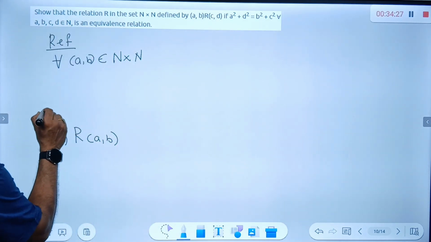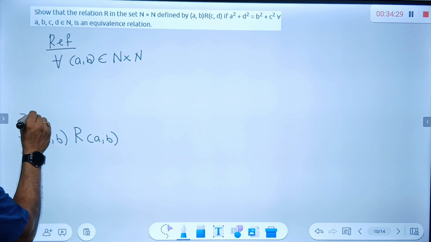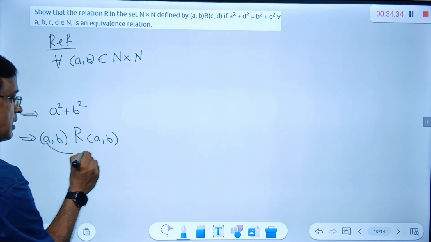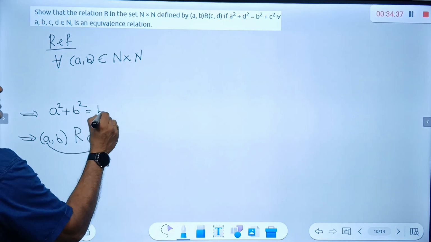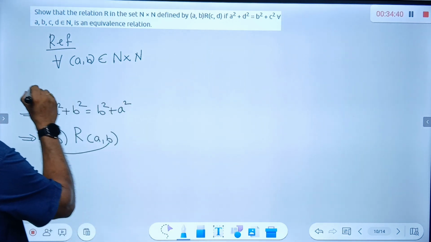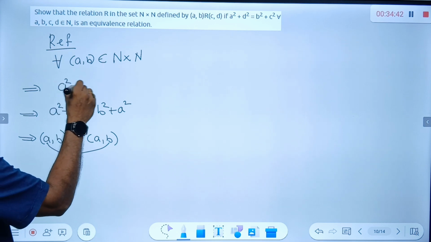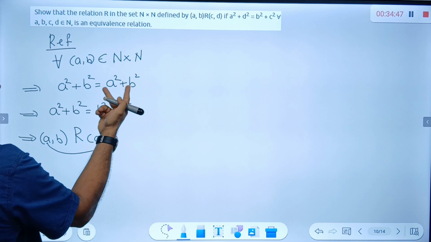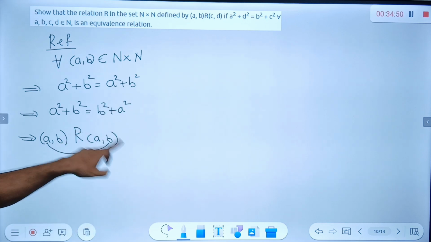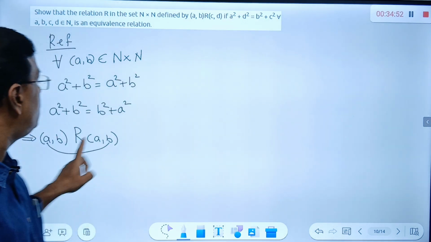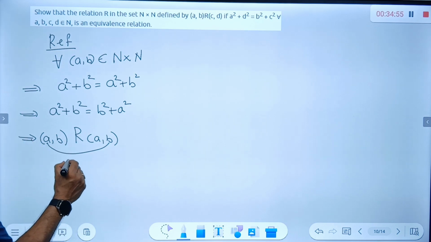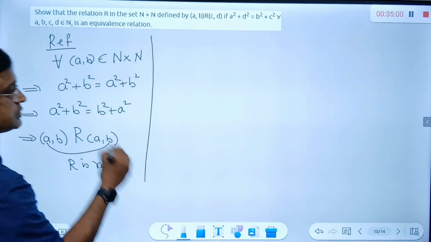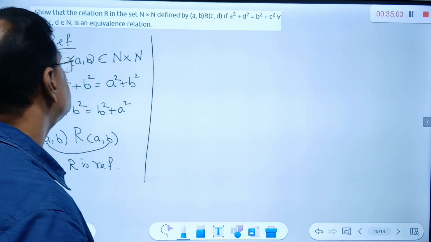So it will be a² + b² = b² + a², which is so obvious because they are all real numbers. a² + b² equals a² + b², and by the commutative property you have b² + a². So it satisfies this condition. Therefore (a, b) is related to (a, b), and R is reflexive. There is no question. Now whether it is symmetric is something that you need to verify.